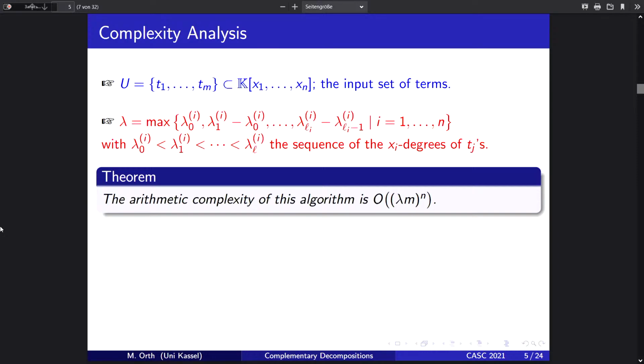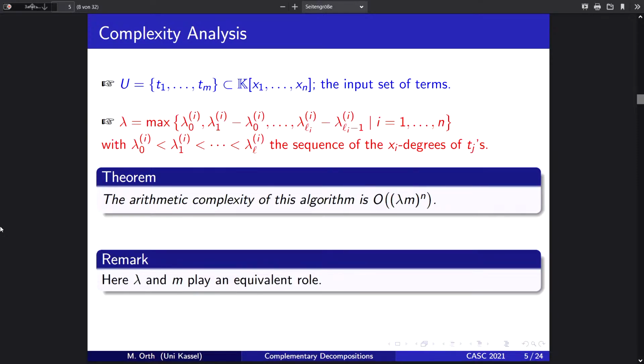We use this ascending order of the degrees which appear in this variable and all differences of adjacent members of this sequence, and build the maximum over all these differences. And the arithmetic complexity of the algorithm is then given by lambda n to the n. Here lambda and m play an equivalent role.